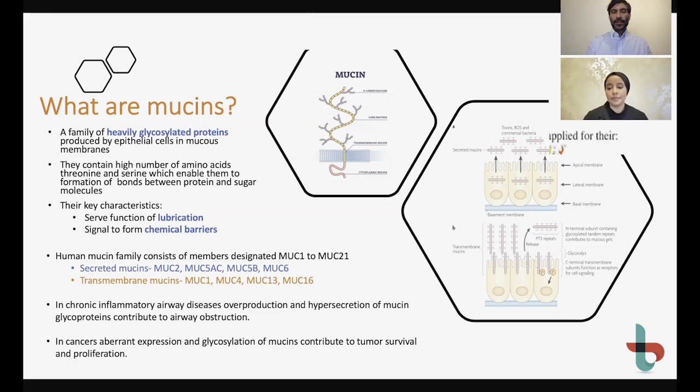Because of that, in ovarian cancer, for example, we have overexpression of MUC16, and we know that the higher the level of CA125 or MUC16, the more chance the tumor can survive and metastasize.